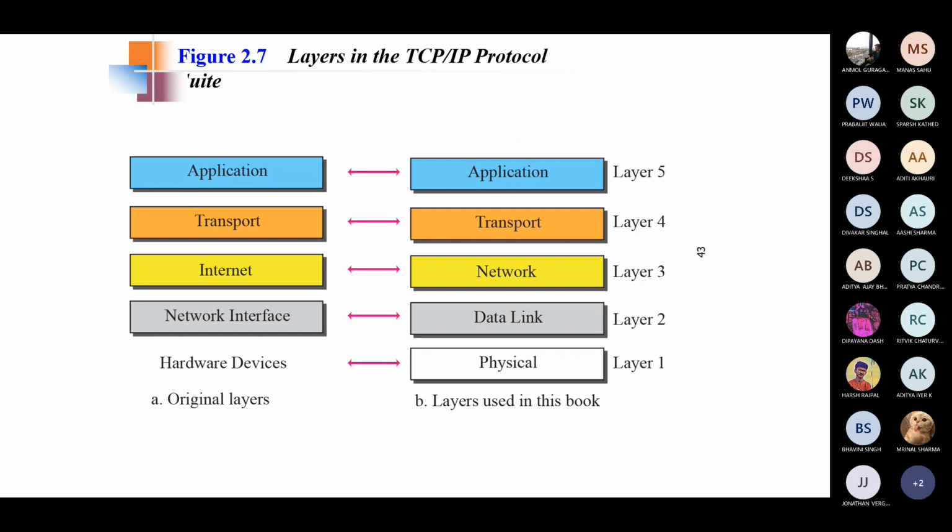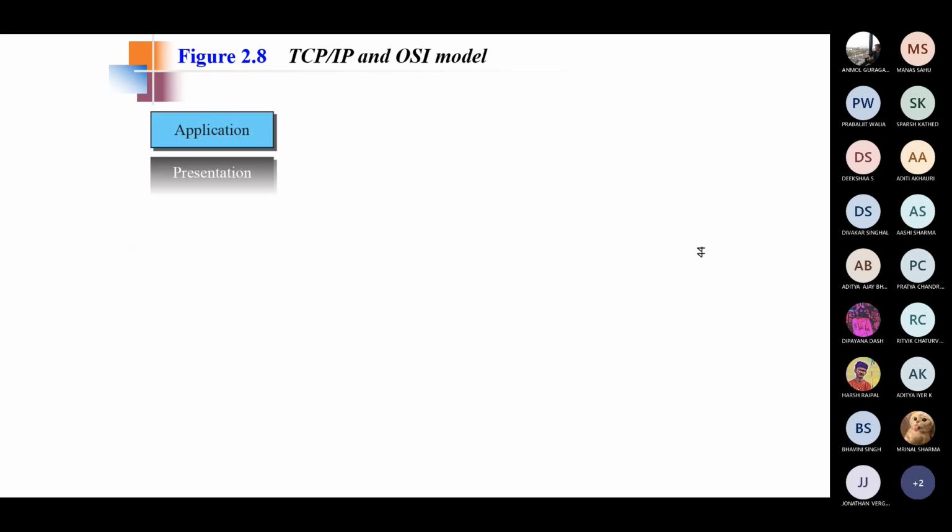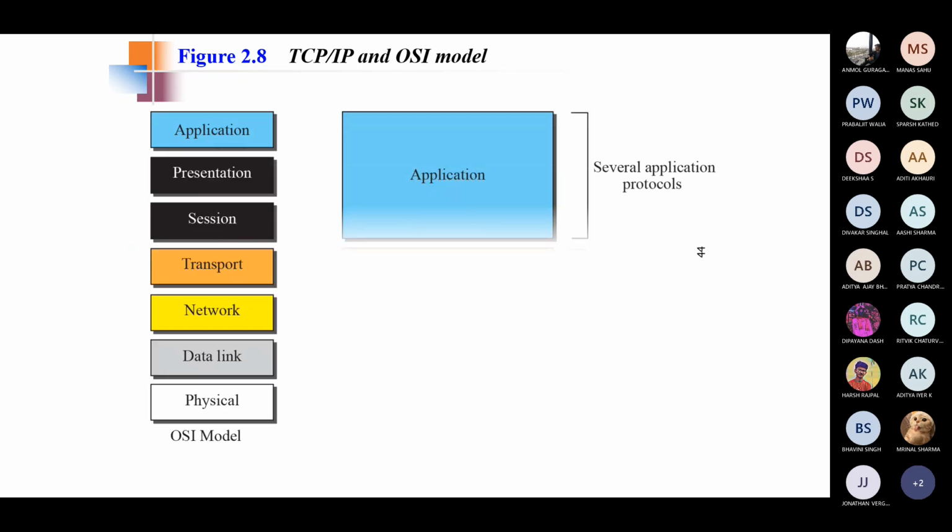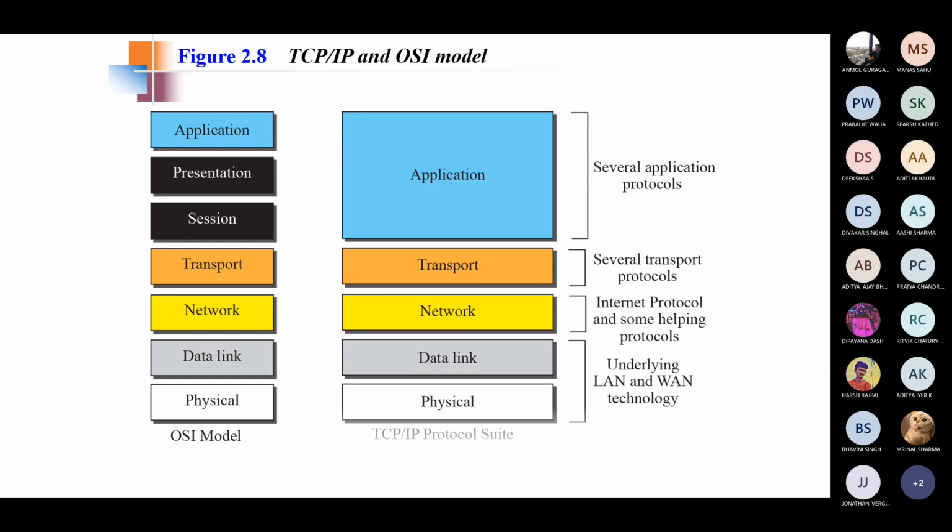See the figure over here, so that we can analyze the TCP/IP protocol suite and compare it with the OSI model, such that the physical and data link layers of the TCP/IP protocol suite and the OSI reference model are mapped together, such that underlying LAN and WAN technology is present within the physical and data link layer, and internet protocol and some helping protocols.